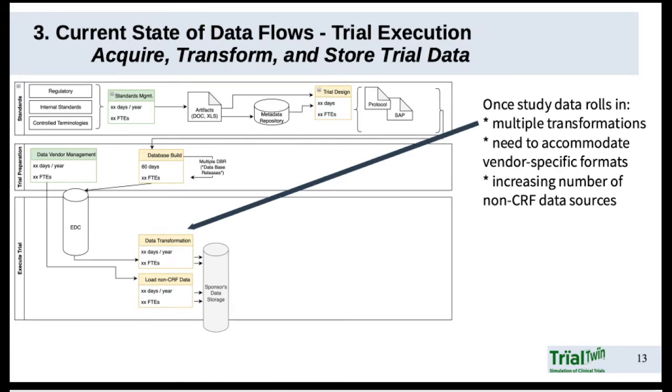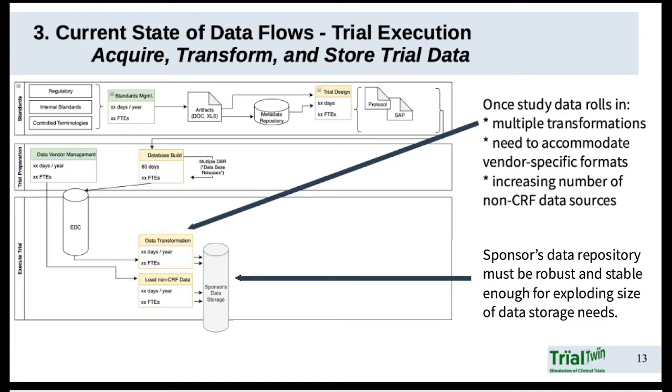Step number 3 is once the study starts rolling and the data comes in, there are multiple transformations of the data. There are multiple vendors, and there's an increasing number of non-CRF data sources coming in, and then the sponsor's data repository must be robust and stable enough for this exploding size of data storage needs. So the data is coming in.